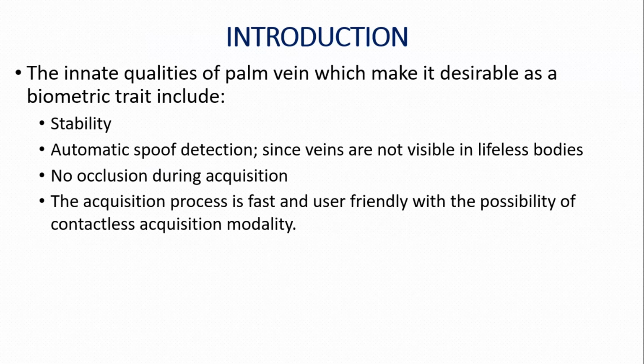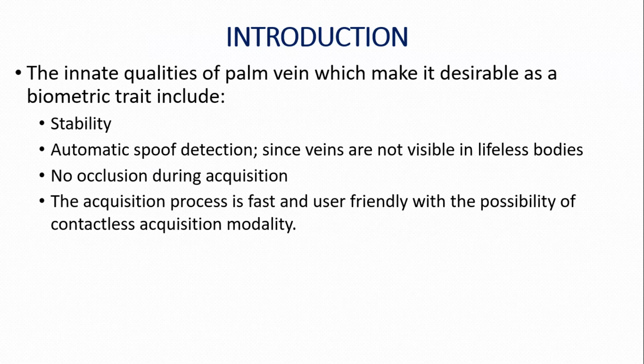Also, when you are using the palm as your trait for human authentication, there is no occlusion. That is, there is no interference by clothes, cosmetics, or things like a wristwatch, which will not be on the hand.